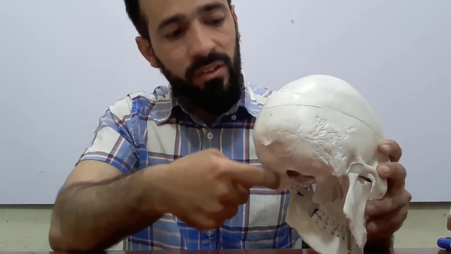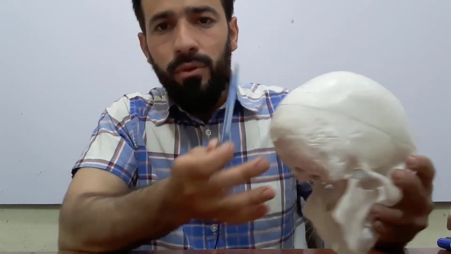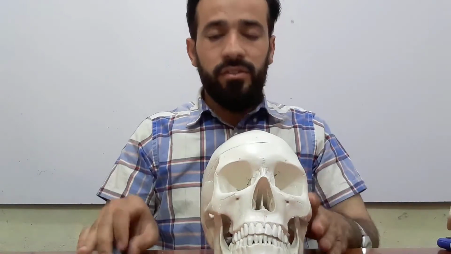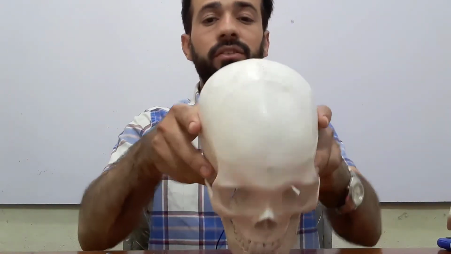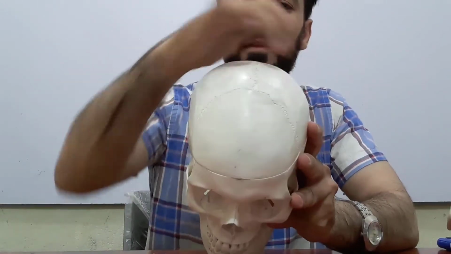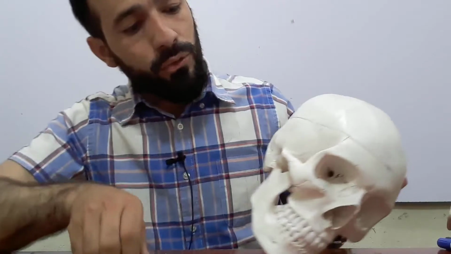I will discuss these sutures and joints later, don't worry. Now we are just naming the bones, the occipital bone and the frontal bone. These are the unpaired bones. Next, there are paired bones. You can see this is the central suture. So these are the parietal bones, the two parietal bones, and the two temporal bones.